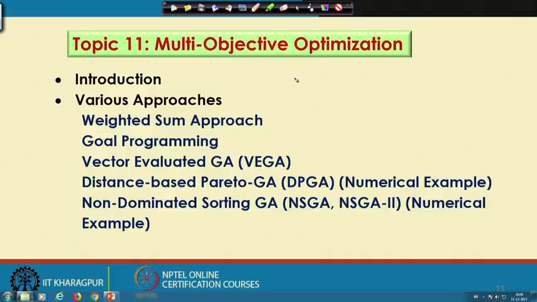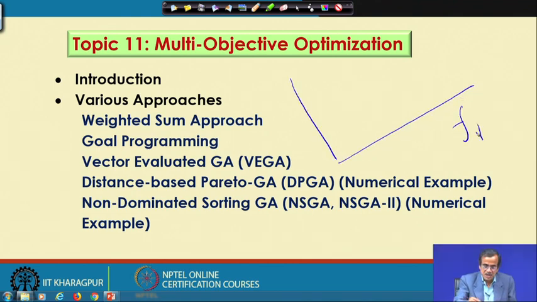That means, if you find some better solution, we give some preference in the mating pool. How to give that preference? This I have already discussed in detail. Supposing that these are the two objectives which are to be minimized. So, I have already got the non-dominated front of solutions, those are known as the rank 1 solutions.